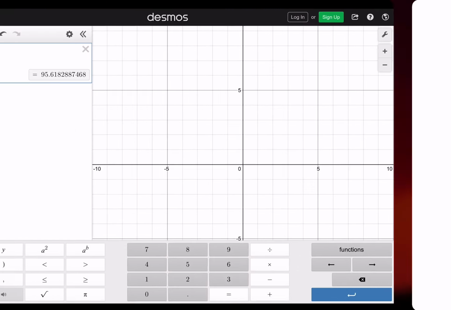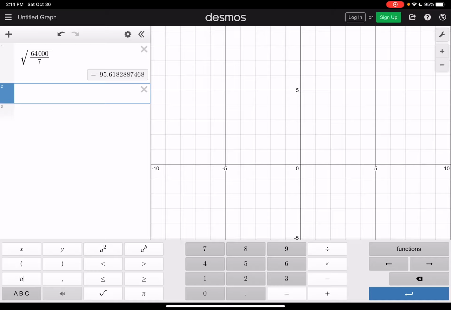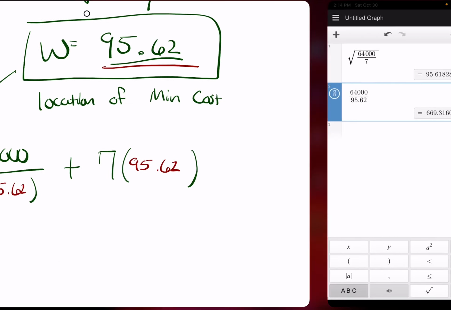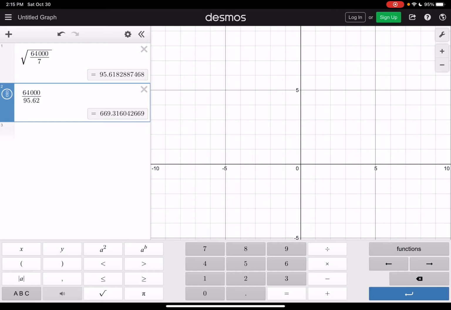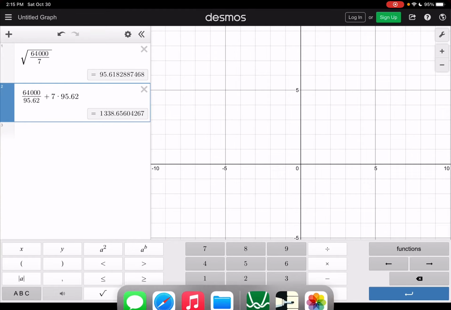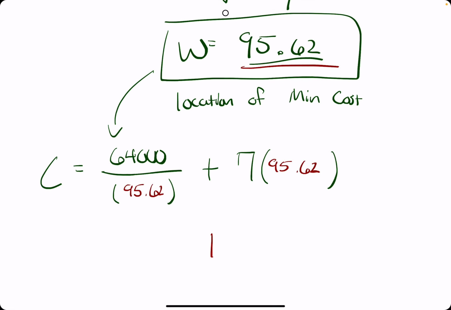Let's see if we can do it in here. 64,000 divided by 95.62, plus 7 times 95.62. All right, 1338.7 if we round.